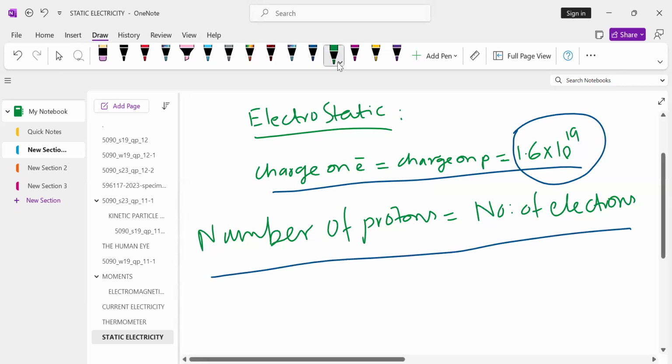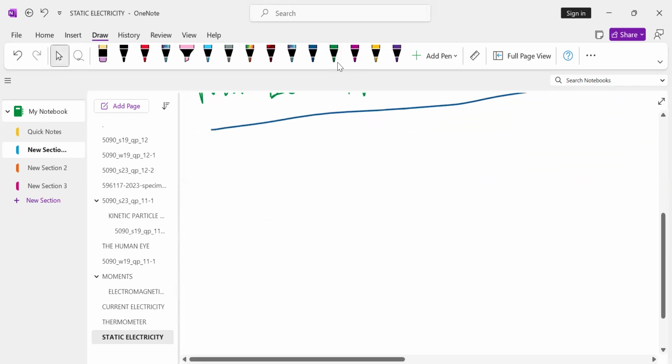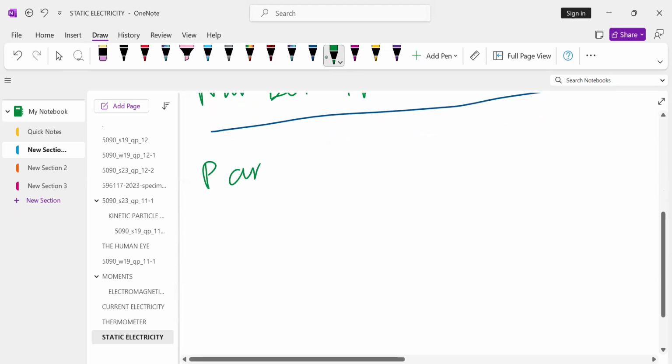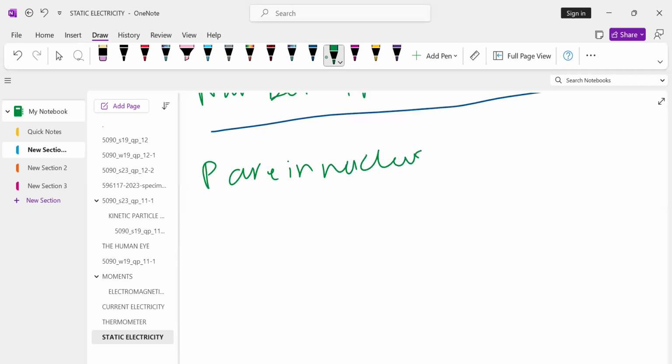Then you should know that protons reside in nucleus, means protons are present in nucleus, and they are positively charged. So protons have a positive charge, however the electrons have a negative charge, and neutrons and protons both reside in the nucleus.